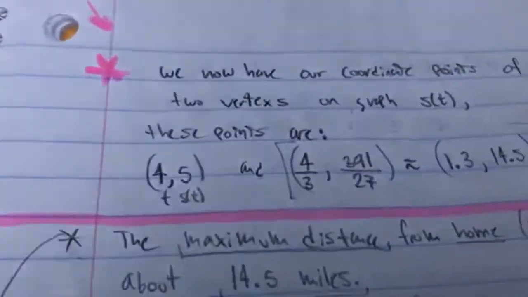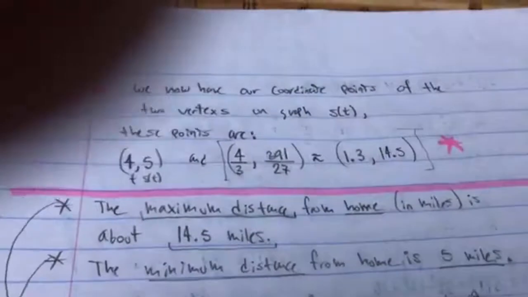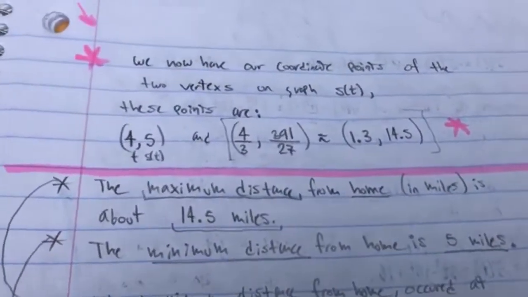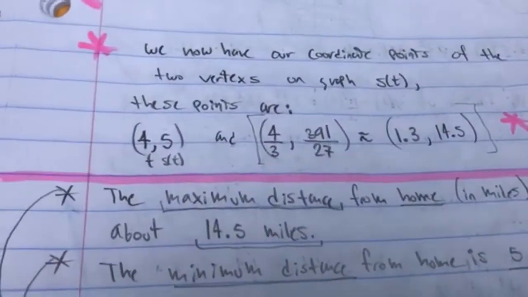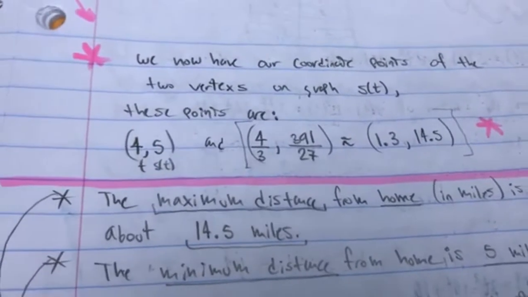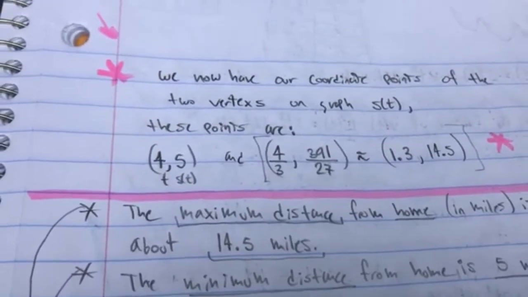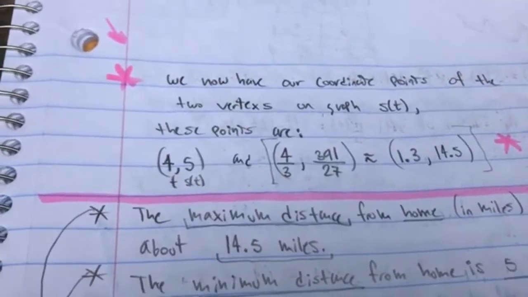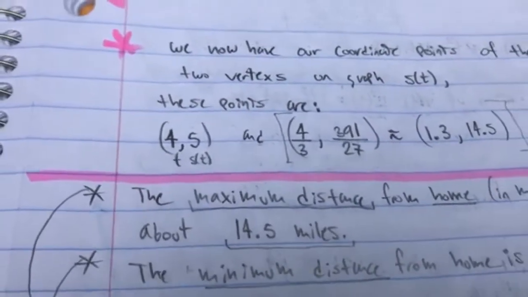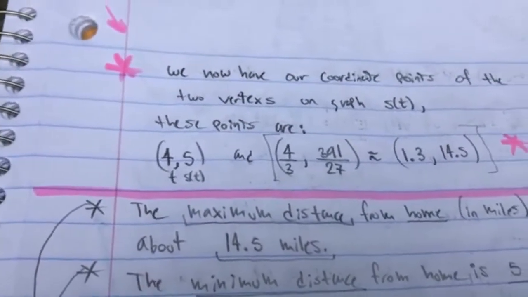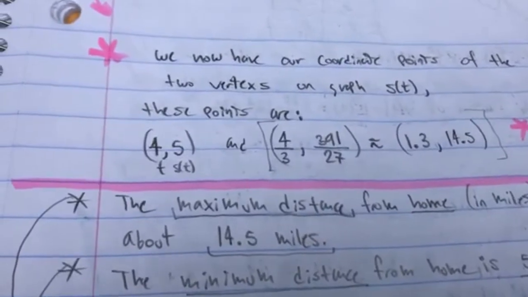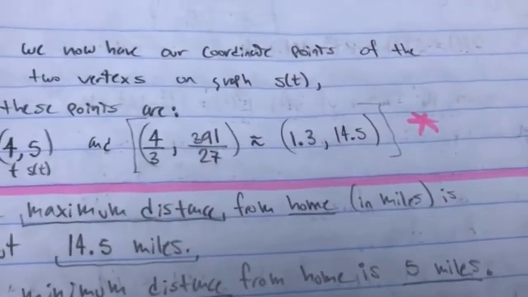So the point of the lowest vertex, or the minimum distance away from home, is (4, 5), where t is 4 hours and s(t) is 5 miles away from home.